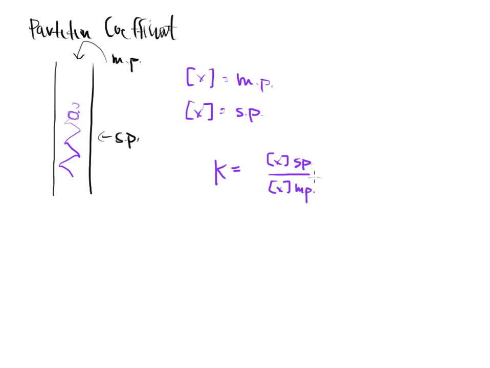So it just basically gives us an idea of how much the component likes the stationary phase. That's what this thing is all about, right? Does it prefer the stationary phase? If so, it's going to move in for a while. I hope that you've got enough food for it. Or does it not like the stationary phase?